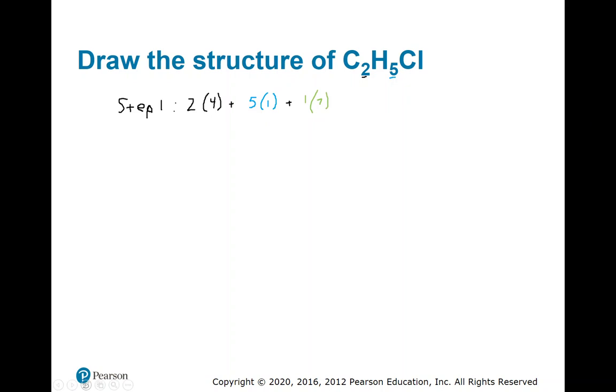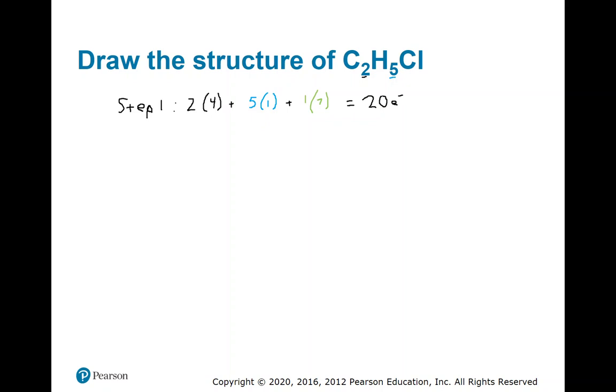So 2 times 4 is 8, 5 times 1 is 5, and 1 times 7 is 7. So altogether, this should give us, let's see, 8 and 5 is 13, plus 7 is 20 electrons. And specifically 20 valence electrons, but those are the only ones that we want to incorporate into our Lewis structure.